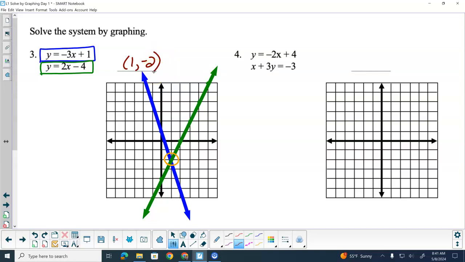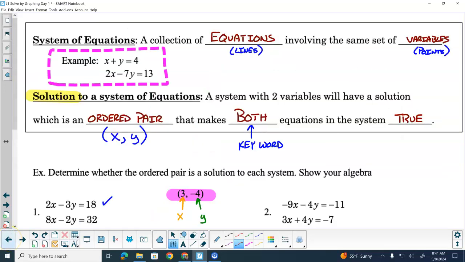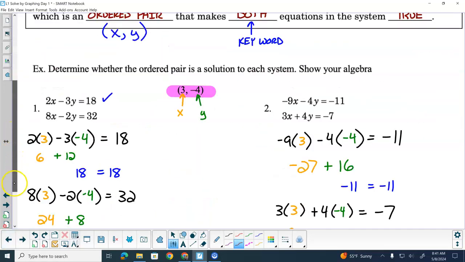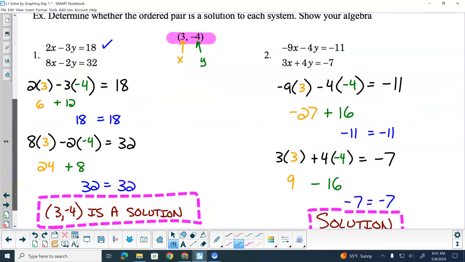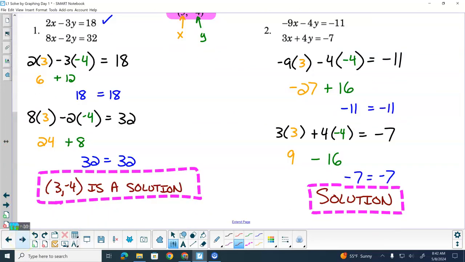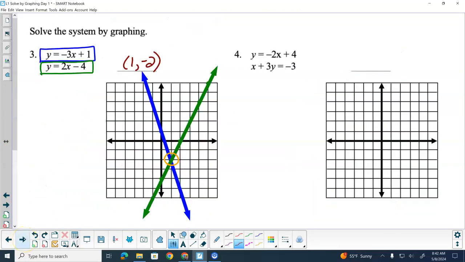Okay? Here is how you know. You do what we did down here on your solution. It's because it's gotta work in both of them. So I'm going to plug in 1, comma, negative 2 into my blue equation.